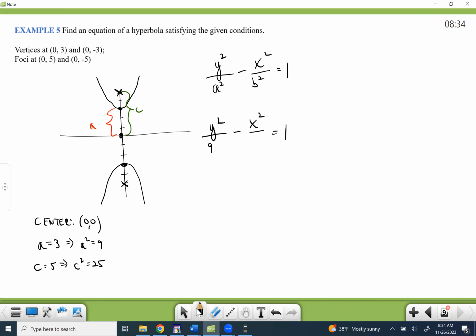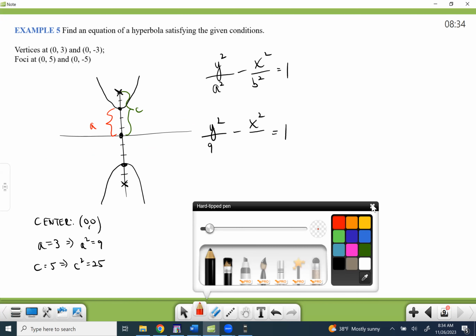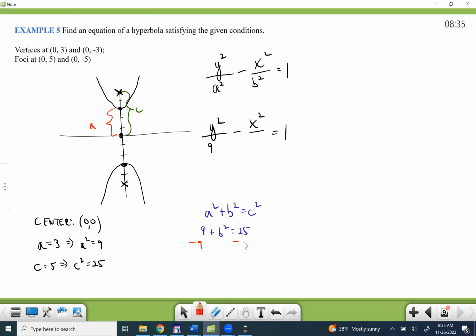So this time to get the b squared, instead of a proportion and cross multiplying, we're going to use a squared plus b squared equals c squared. 9 plus b squared equals 25. We're going to subtract 9 from both sides. b squared equals 16.